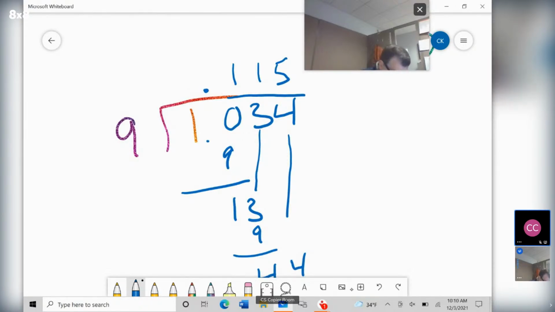Okay, so when we round, we're going to look at this tenths place, really. And that's less than 5. So it's going to seem a little bit weird, but the answer they're looking for, if it said round to the nearest whole number, would be 0, because this tenths place is less than 5.